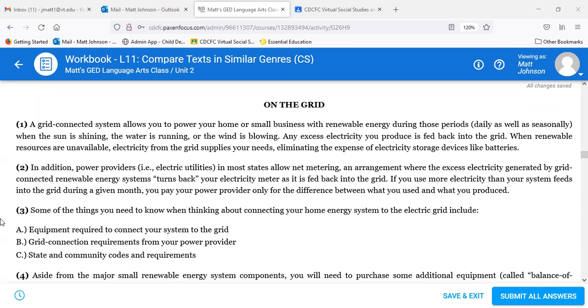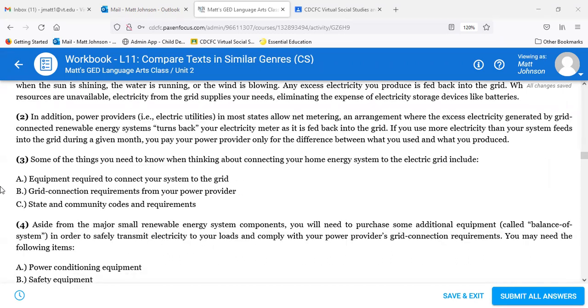Some of the things you need to know when thinking about connecting your home energy system to the electric grid include: A. Equipment required to connect your system to the grid. B. The grid connection requirements from your power provider. C. State and community codes and requirements.